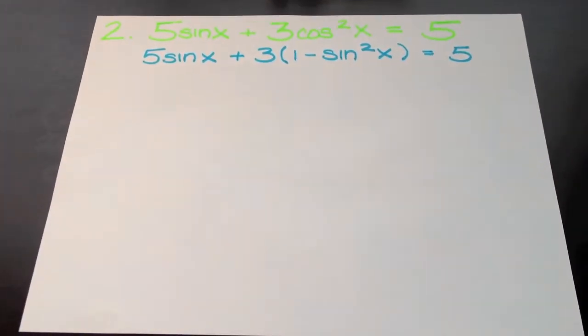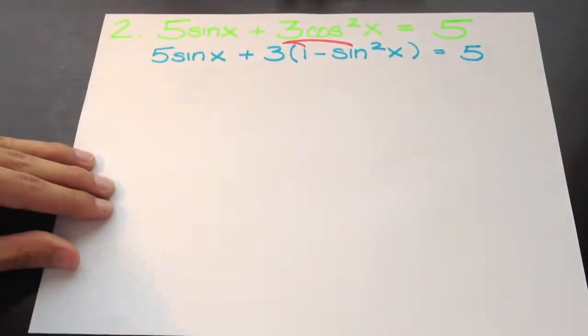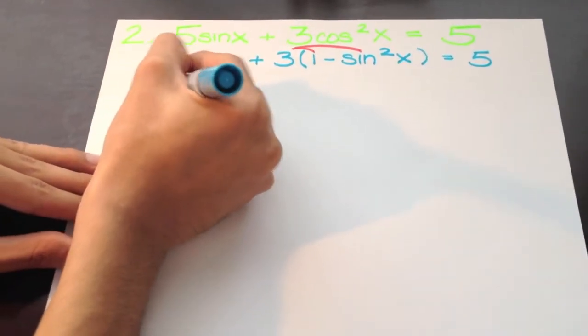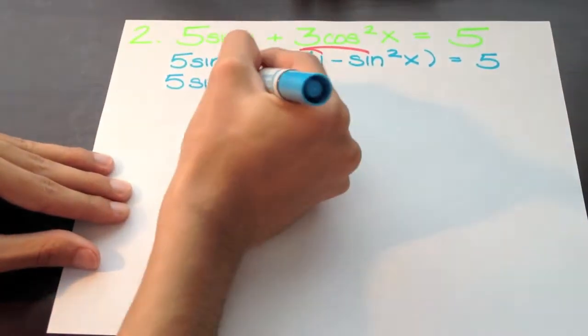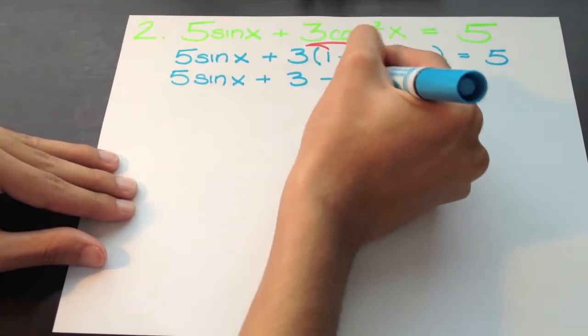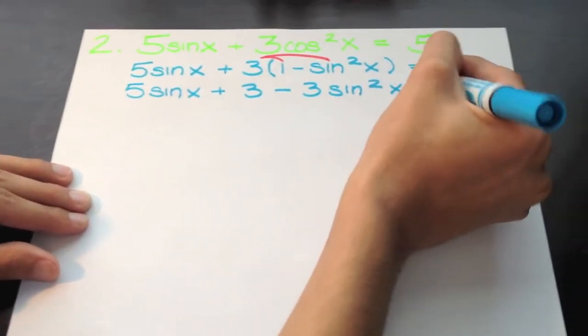So now we're going to distribute the 3, and that's going to give us 5 sine of x plus 3 minus 3 sine squared of x equals 5.